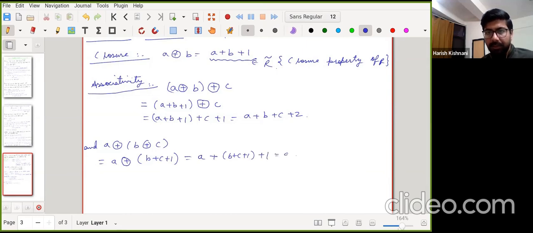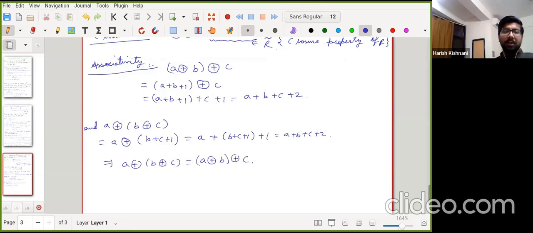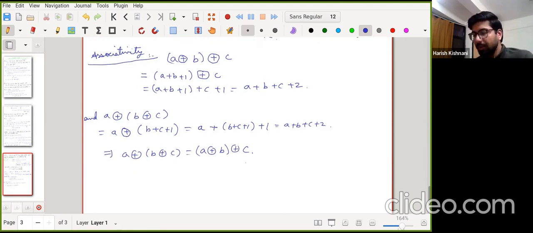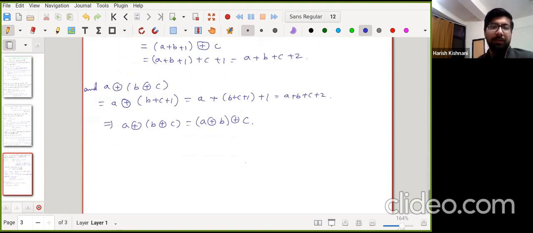So it is a plus b plus c plus 2 again. So associativity is there. It doesn't matter how you add these, they are always going to be the same. So the associativity part is also clear. Any doubts on that? If not, then maybe we can move to the next part.